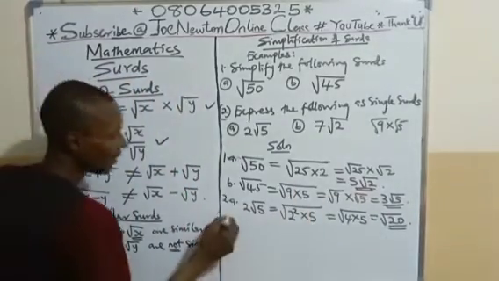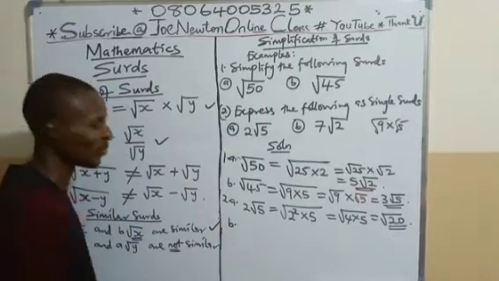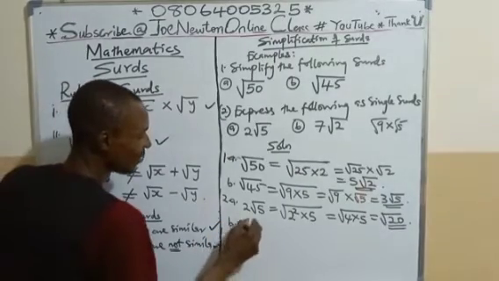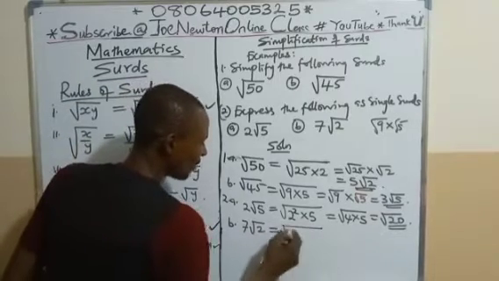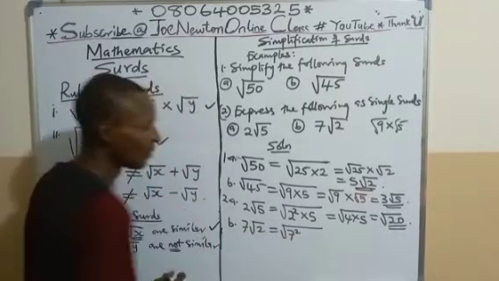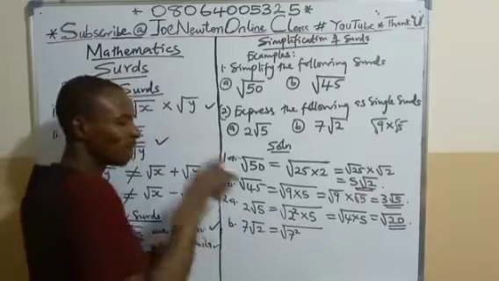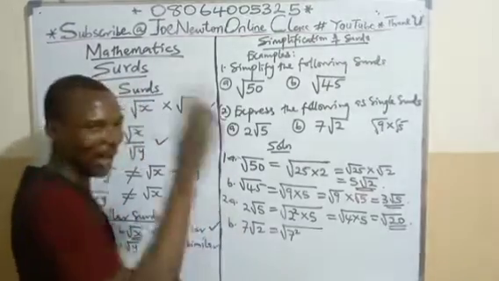Then number B, I guess we can solve this one. We have 7 surd 2. This is simply the square root of 7 squared times 2, because opposite of square root is square.